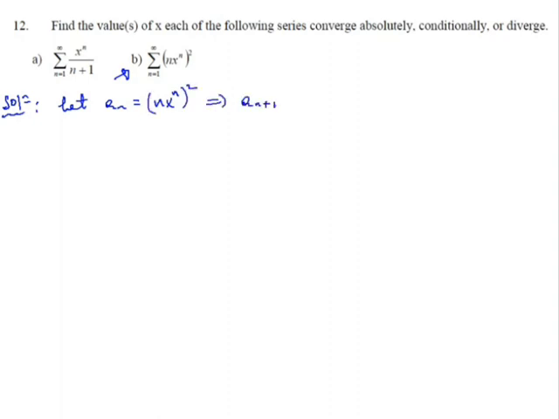The n plus 1's term will be n plus 1 times x to the power of n plus 1, the whole squared. If we rewrite this, we get n squared times x to the power of 2n, and for the other, n plus 1 the whole squared times x to the power of 2n plus 2. This is the n's and the n plus 1's term.